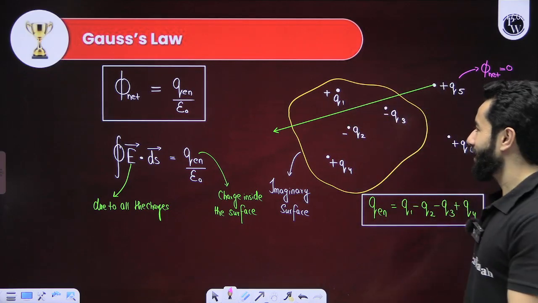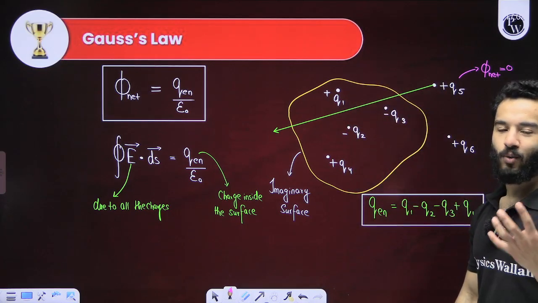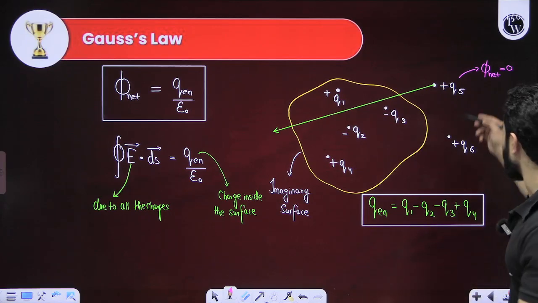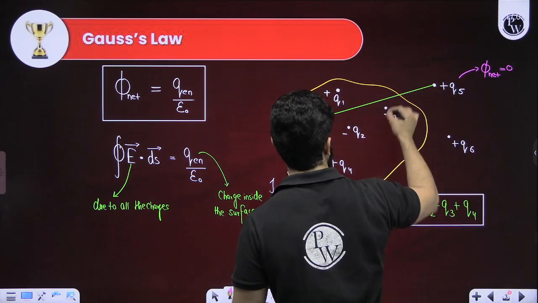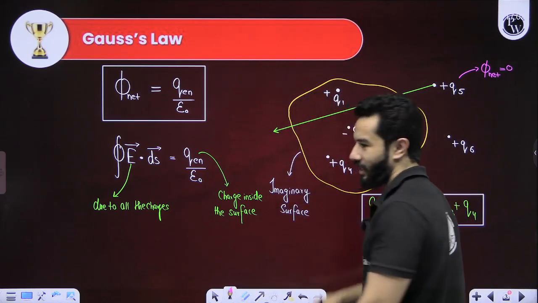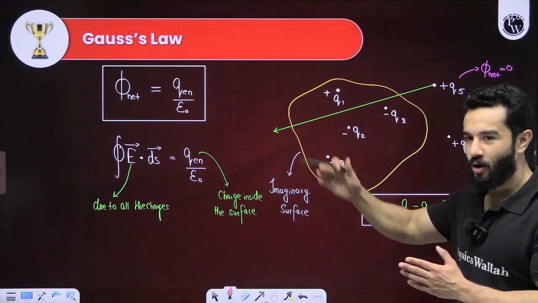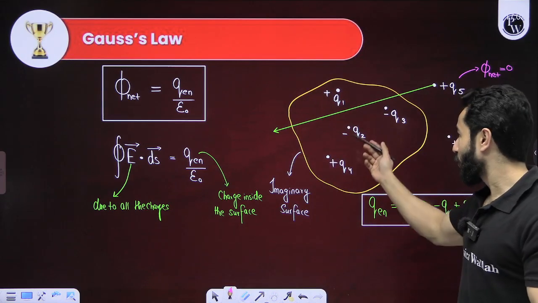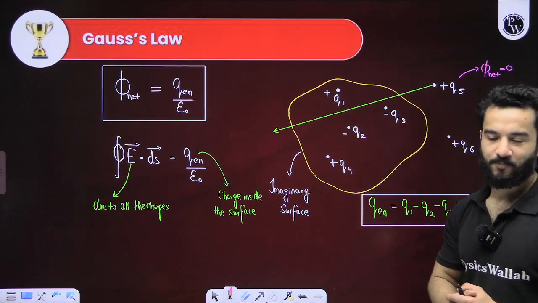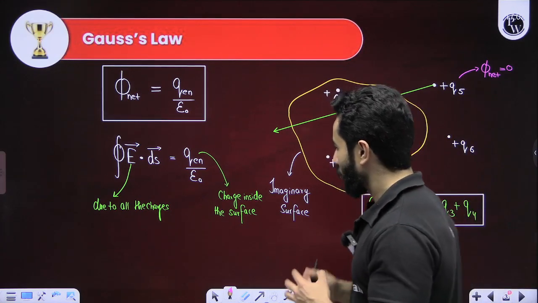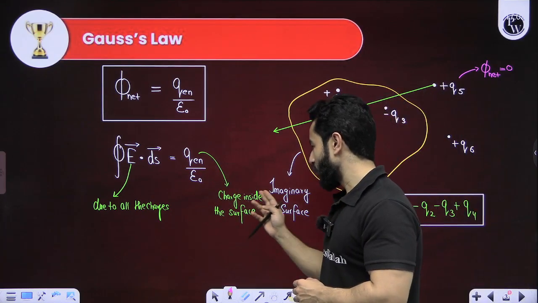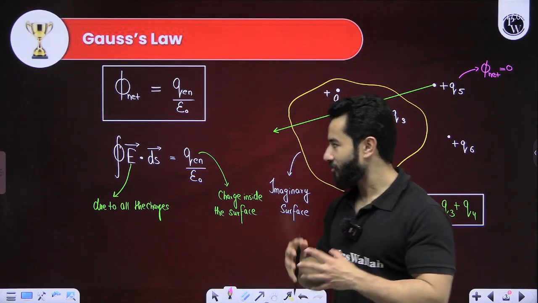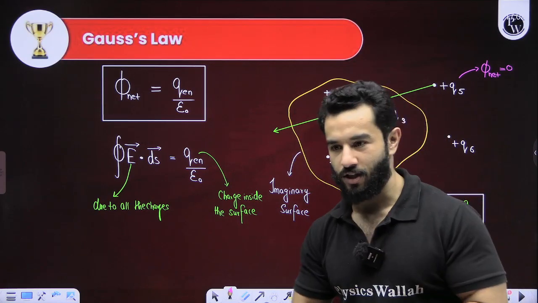So the net flux will be 0 because of Q5 and Q6, whereas for Q1 electric flux is coming out, for minus Q2 and Q3 it is going inside. Hopefully it is very clear that enclosed charge is only those charges which are inside the surface, and electric field is due to all the charges.